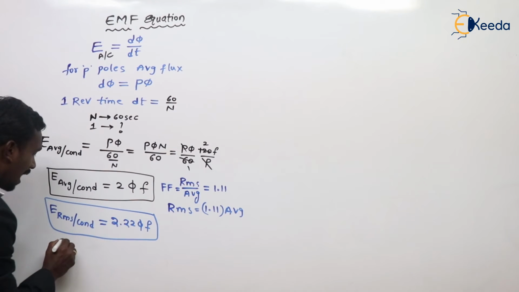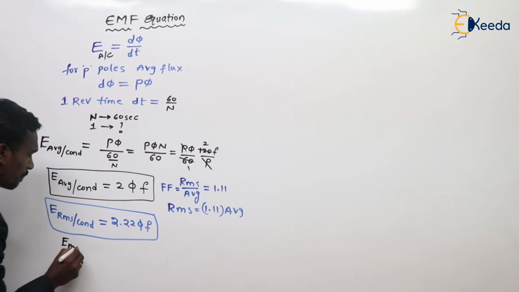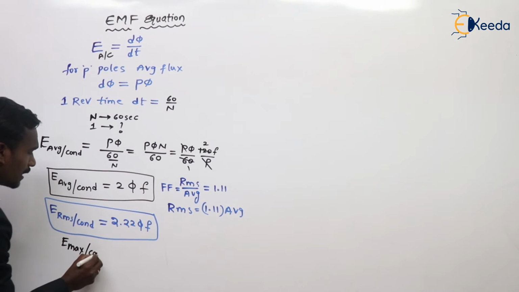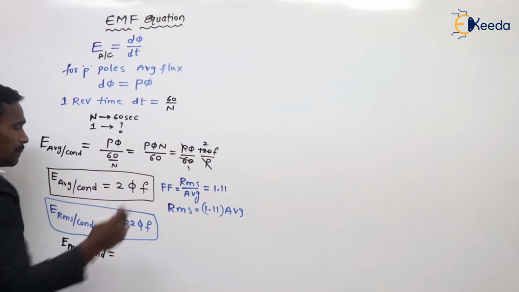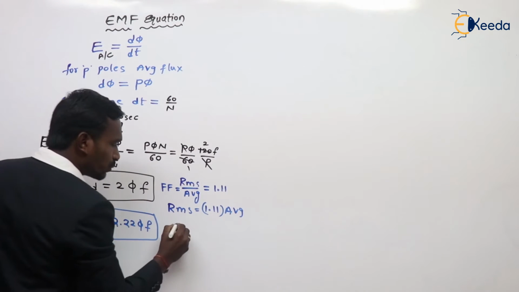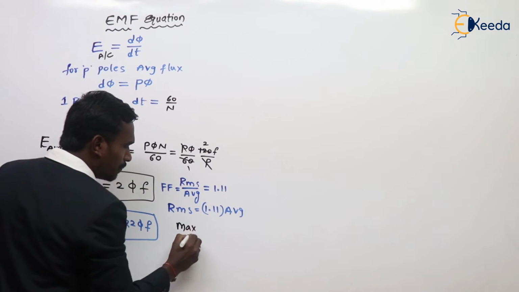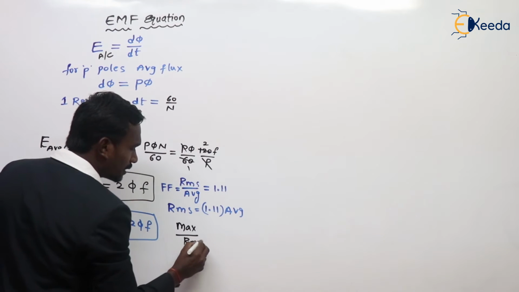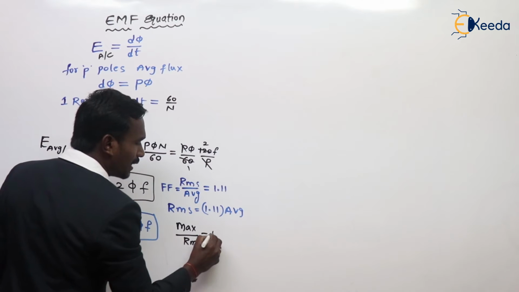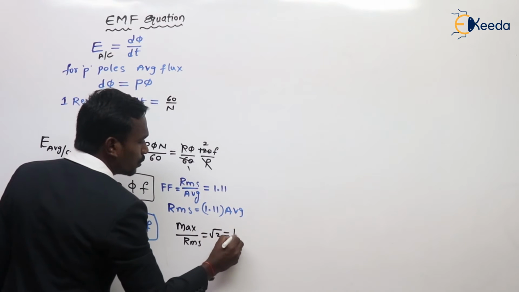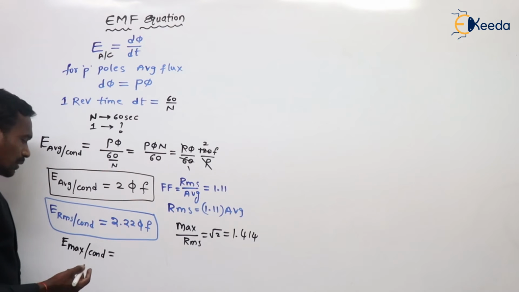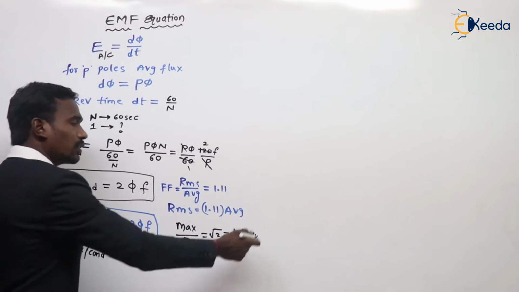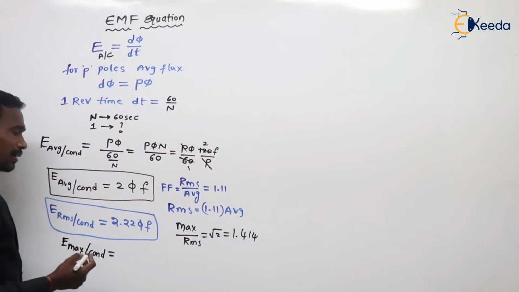For example, I want E maximum per conductor. Then what is the value? As usual, maximum by RMS is the peak factor. Its value is root 2, nothing but 1.414. So substitute here: E maximum is equal to 1.414 times RMS.